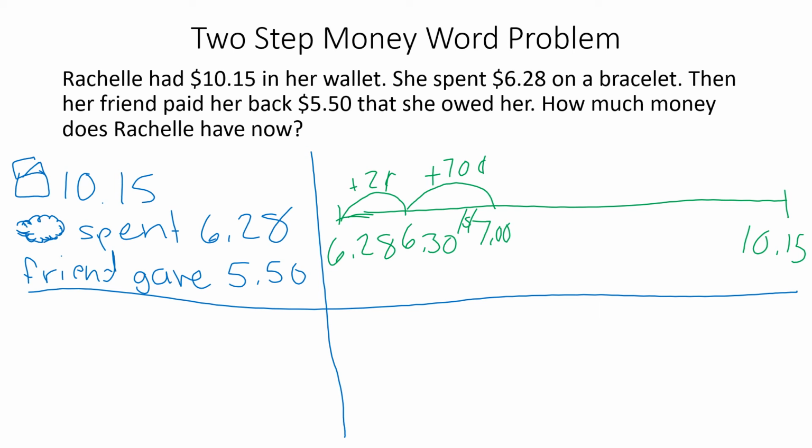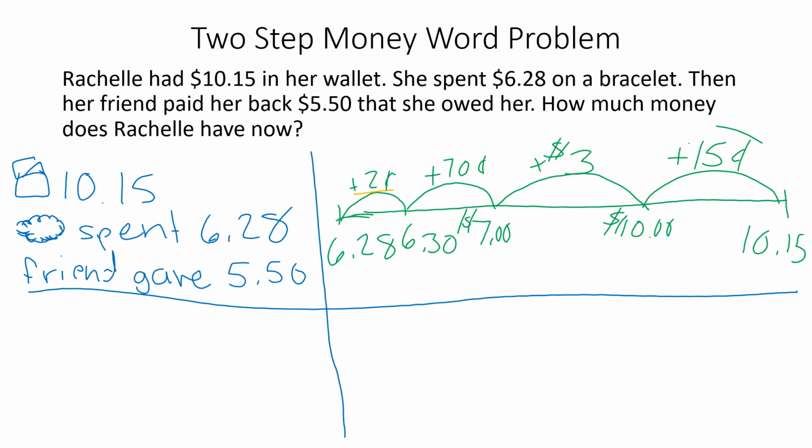Okay, so now I'm going to go from $7 to $10. So I know that 7 plus 3 is 10. So 7 plus $3 equals $10. All right. And then I need to add 15 more cents to get to $10.15. So plus 15 cents. Now I need to add together all of these jumps, and I'm going to add 2 cents plus 70 cents plus 15 cents first.